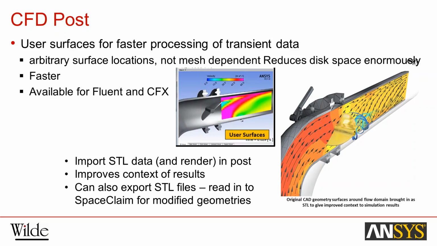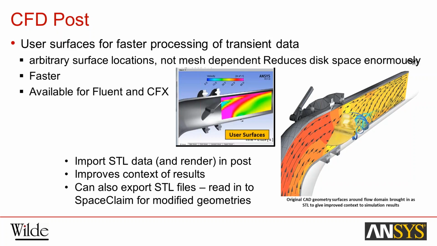Instead of outputting full data sets every 50 time steps or so over the course of a simulation and using huge amounts of disk space, you're potentially only outputting a very small amount of information alongside the major files. Basically it's a way of getting just the specific information you're interested in, and it means much faster processing and much faster visualization of transient data.